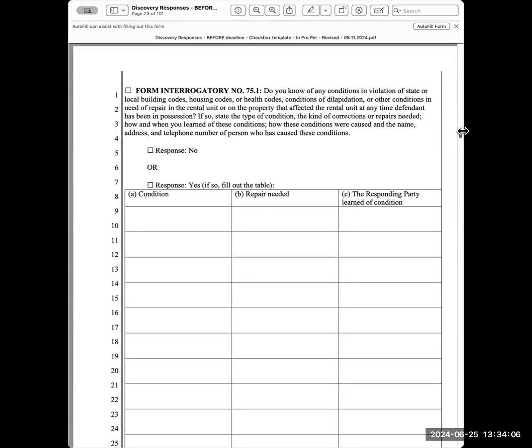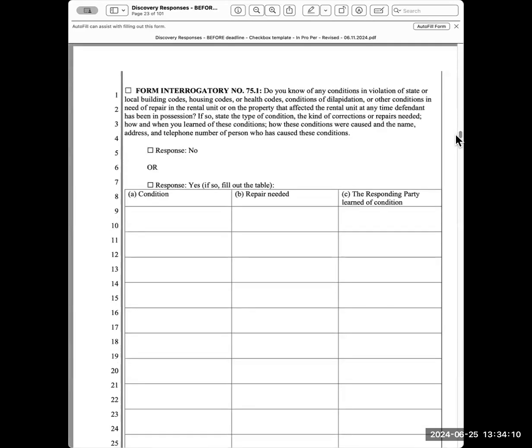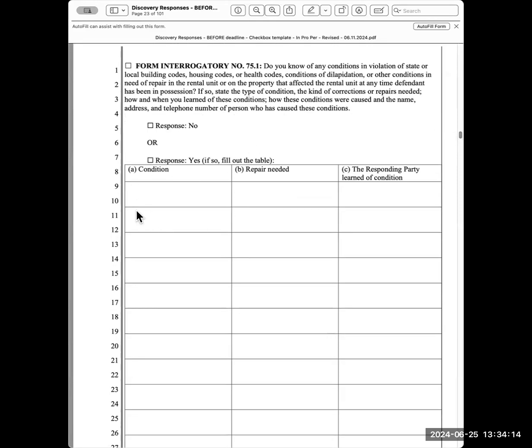You should give careful consideration to this, especially in your pay rent or quit cases. You want to make sure you carefully, thoroughly answer this question, putting each bad condition, the suggested repair, and when you became aware, like how long has this existed, right?